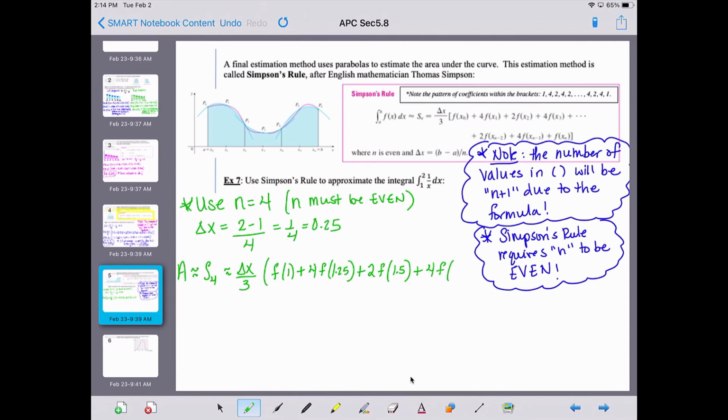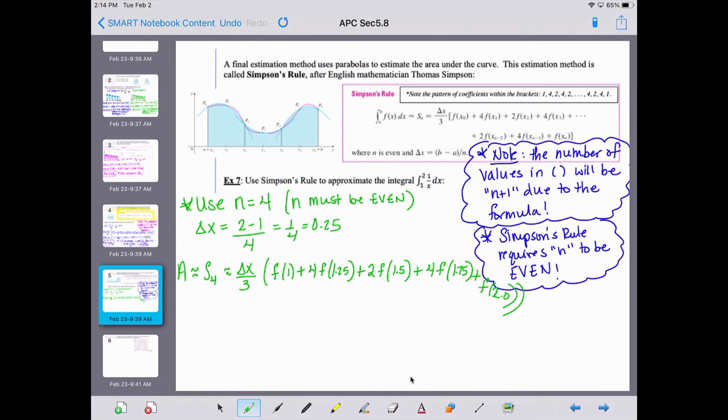F of 1.5 plus 0.25 is 1.75, plus, and then the endpoint of our interval has to have that coefficient of 1 again. So f of 2.0. Okay, so there's our Simpson's rule kind of laid out for us.